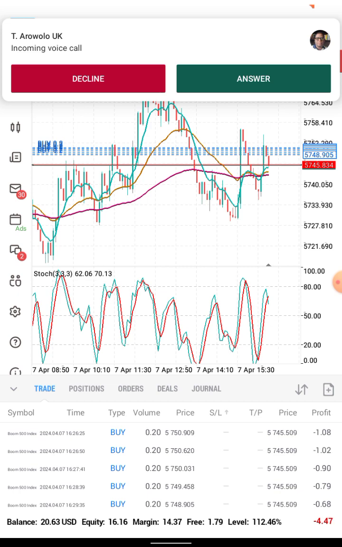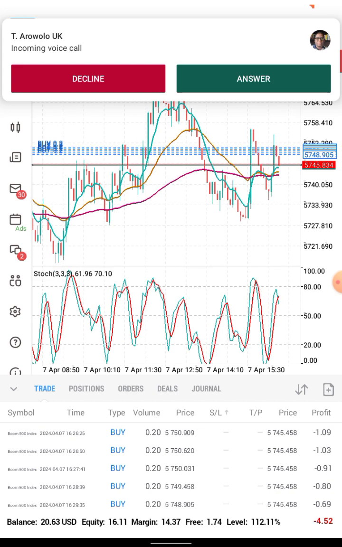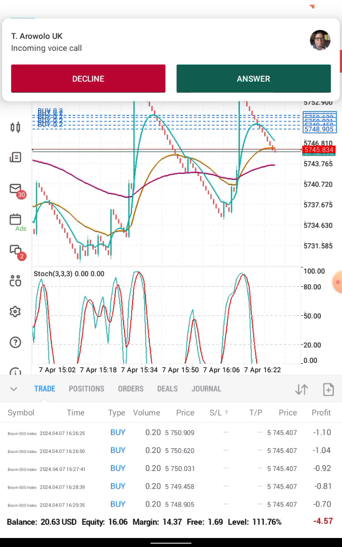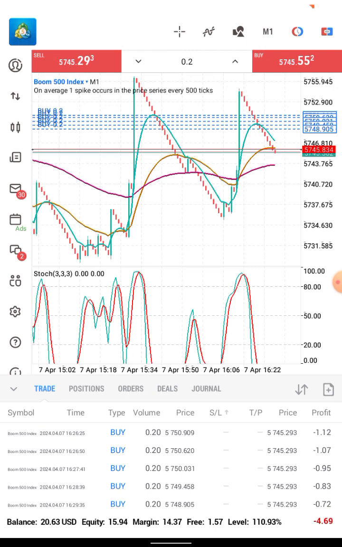It should cross above, upward. So let's be patient and see what is going to happen. Let's go to 1 minute back. We're getting close to $5 now. Let's see.